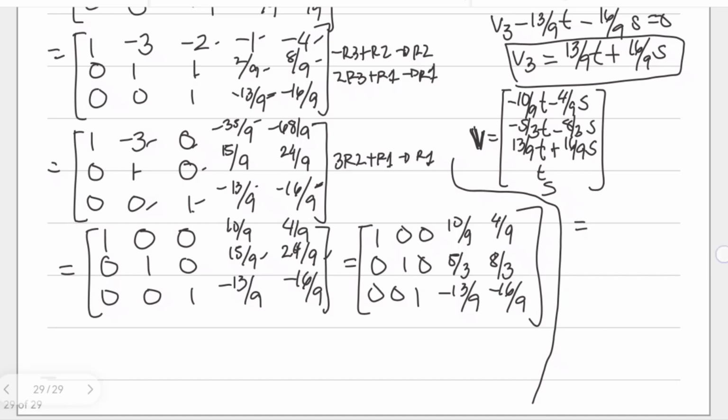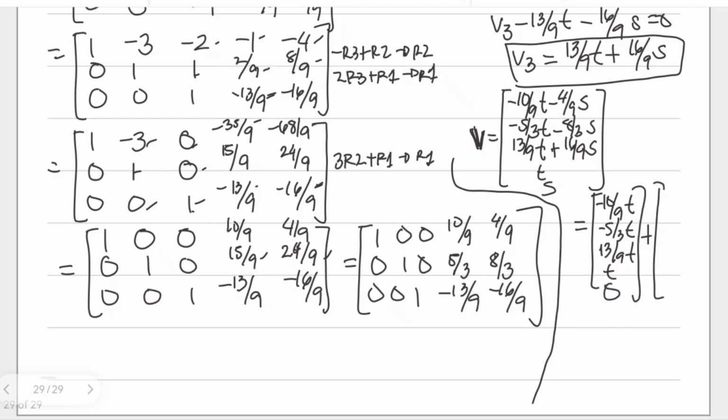You will have here, for our T, negative 10/9 of T, negative 5/3 of T, positive 13/9 of T. You have T, and since there's no T on V sub 5, 0.